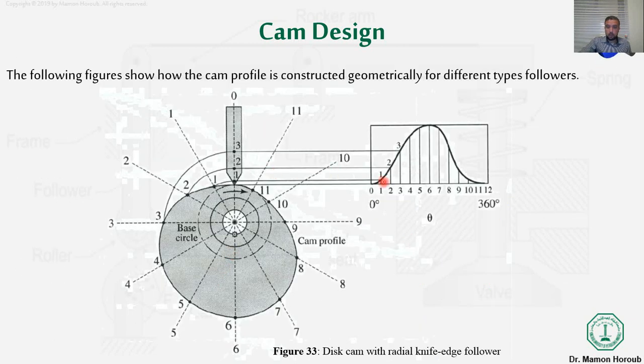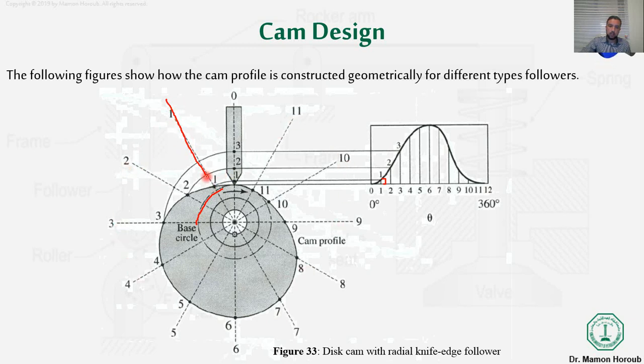As we see here in this example, this is the displacement diagram, and based on this displacement diagram, as an example, the first point is this much distance; assume this is 1 millimeter. Once I have the base circle and the distance in the first position, which is 1, assuming this is the follower, we need to imagine the follower moves as the dashed line here, 1, 2, 3 until 11.